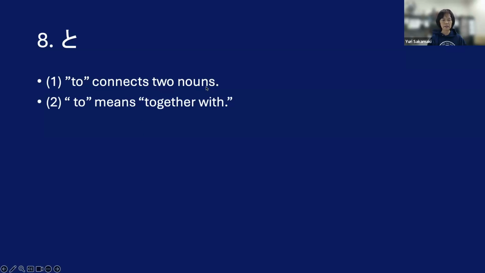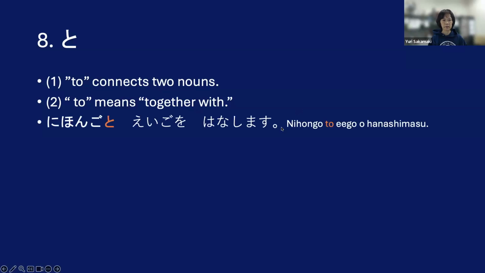So you cannot say, for example, 食べますと飲みます。If you want to say eat and drink, we have to learn another form. So it has to be nouns. ペンと本。Pen and book. Also, と can mean together with. So if you don't see another noun after と, it's probably together with.